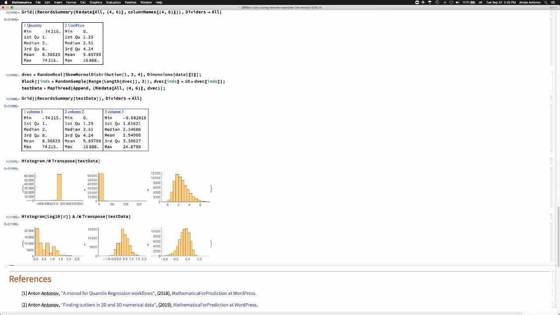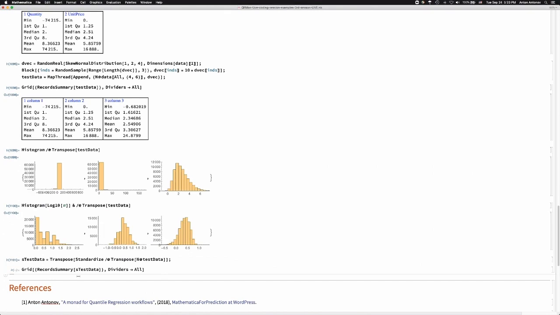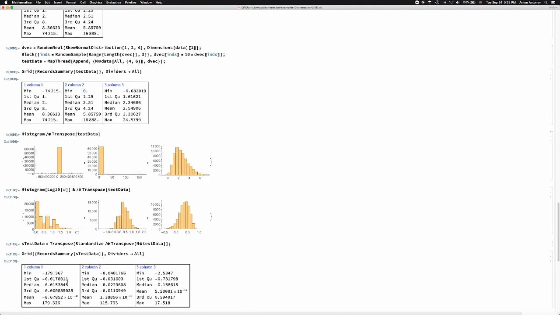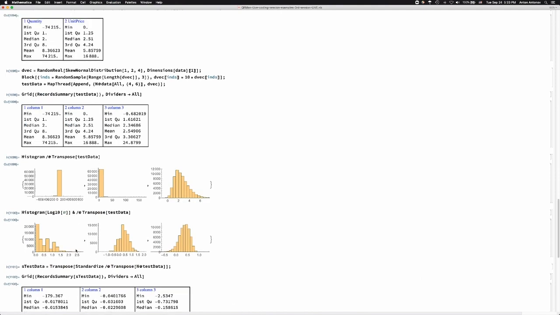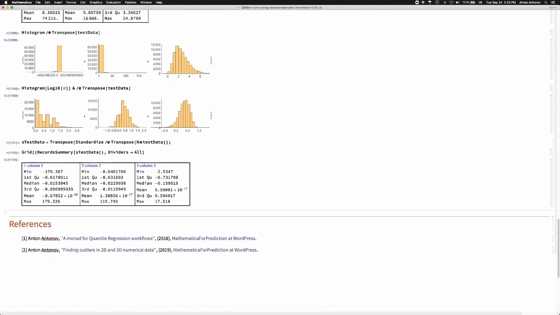In general, when we do this kind of stuff, it is a good idea to standardize the data. So this is what I'm going to do. If I standardize the data and find the summary, we can see it's much tamer, the ranges are much better.